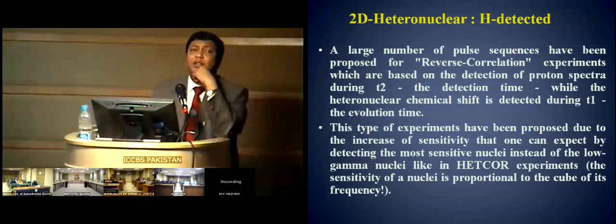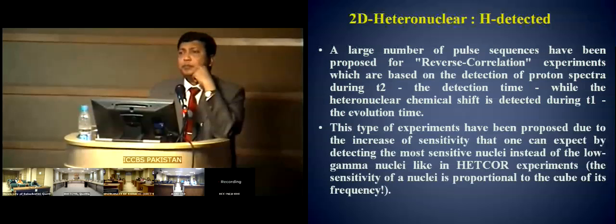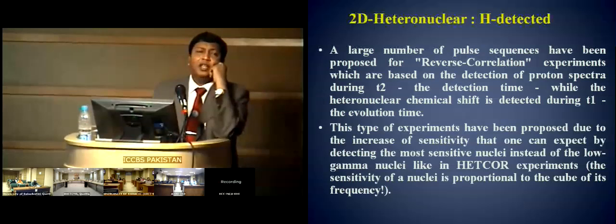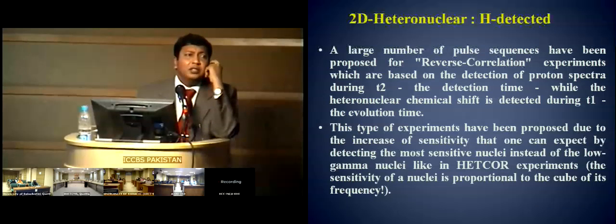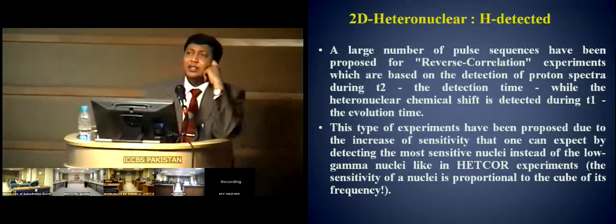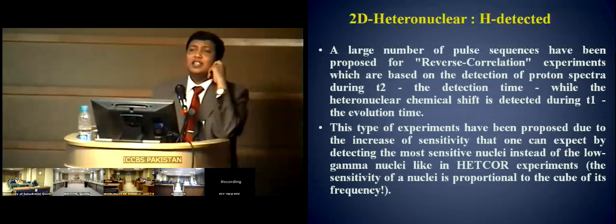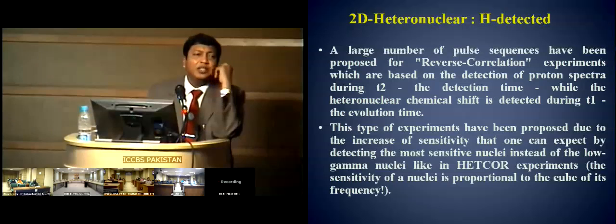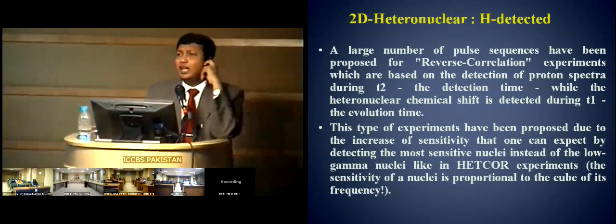People said, why can't we do it in a reverse way? Why can't we detect the carbon through proton? In a normal polarization transfer experiment, you were detecting proton to some level by carbon-13.